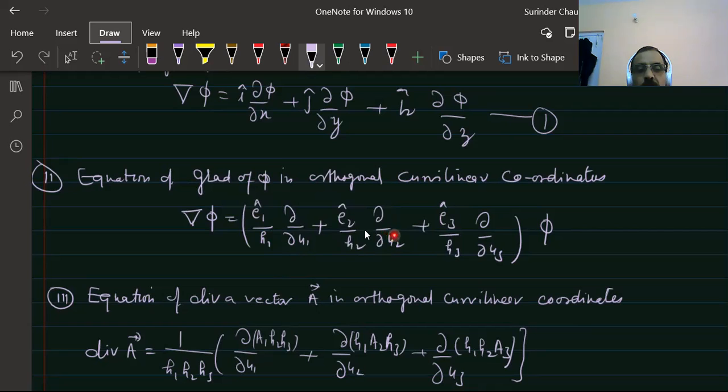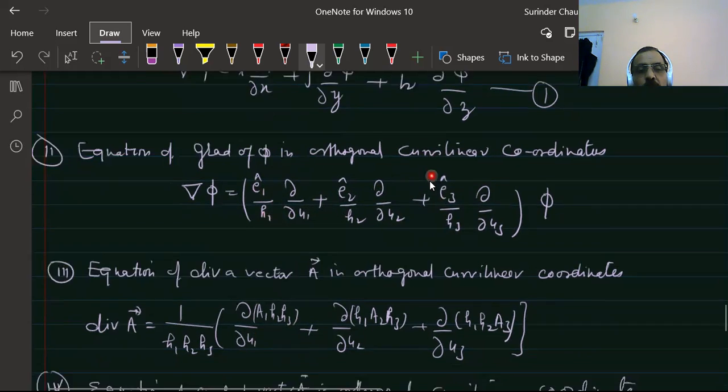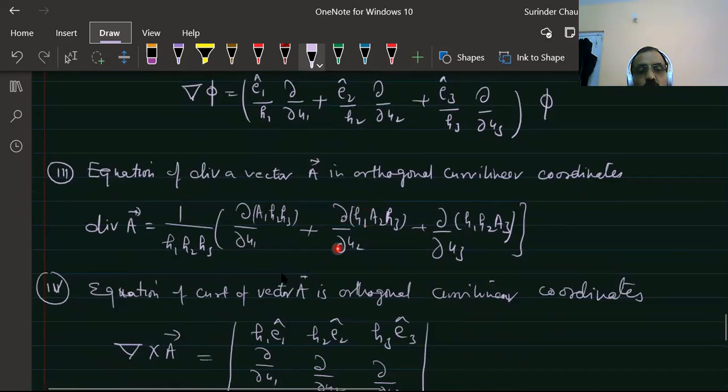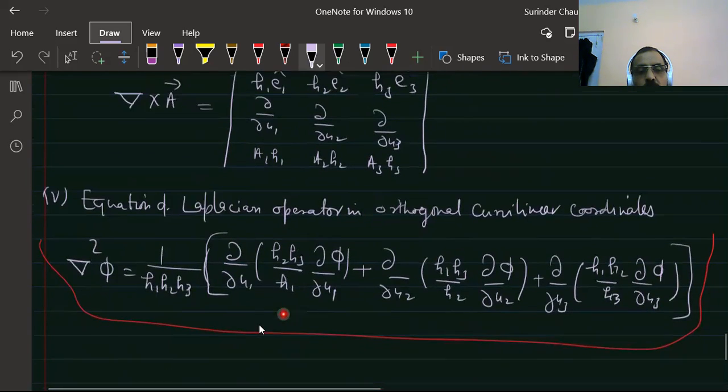Similarly, by substituting these values, you will get the equations for gradient, divergence, and curl in cylindrical coordinates.